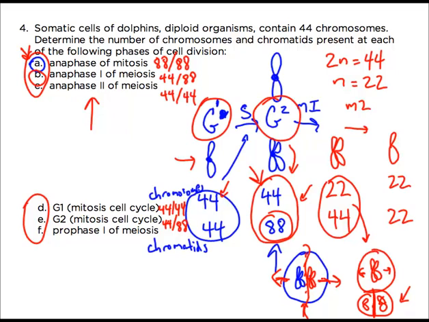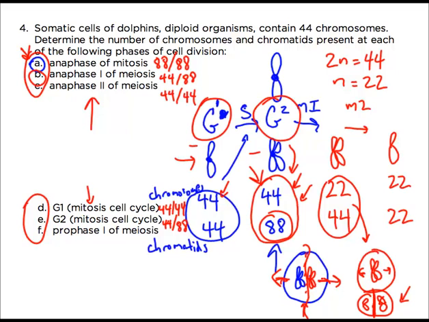Now, what about prophase 1 of meiosis? Or another way of saying that is prophase of meiosis 1. You really could say it either way. Even though this says mitosis cell cycle, remember we said even if it was going to go into meiosis, which we ended up leaving in our drawing over here, the beginning is going to be the same. So we said in prophase of meiosis 1, before anything separates, we're really going to be in the same situation as we were here.